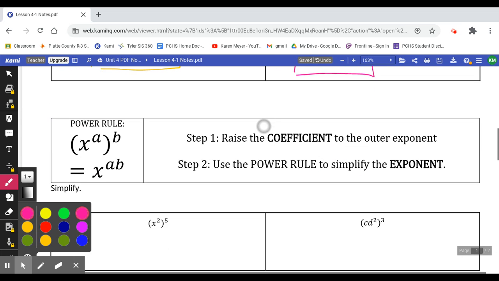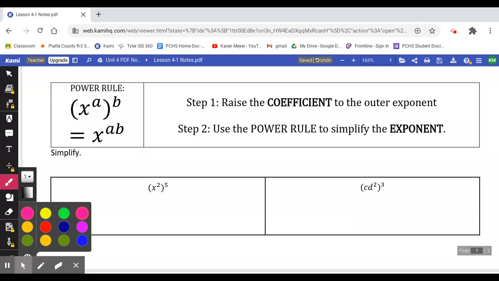Okay, the second rule we're going to talk about today, we are going to have a power rule instead of a product rule. So a power rule means that you have a power or exponent inside the parentheses, and you also have an exponent or power on the outside of the parentheses.